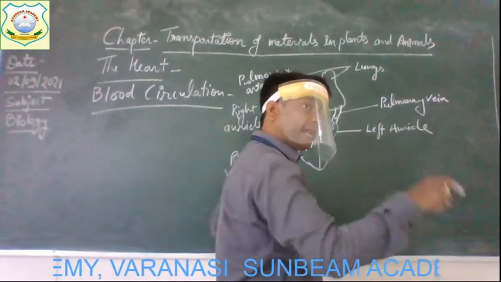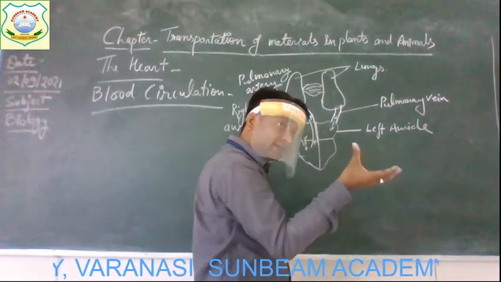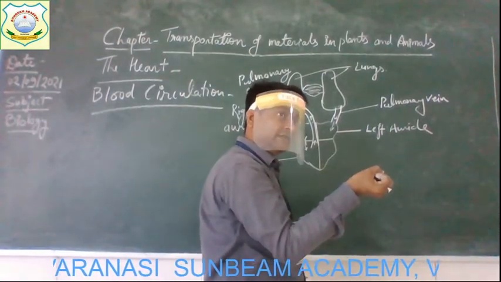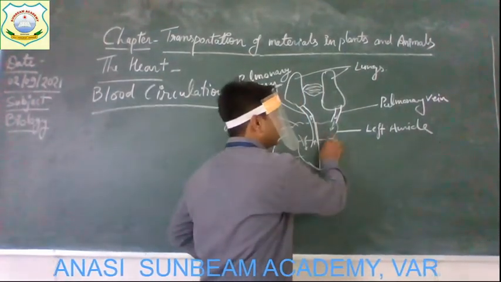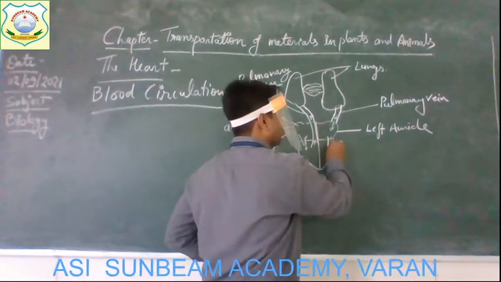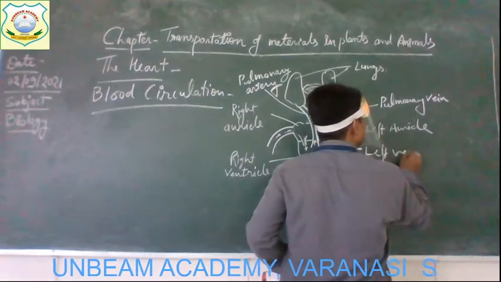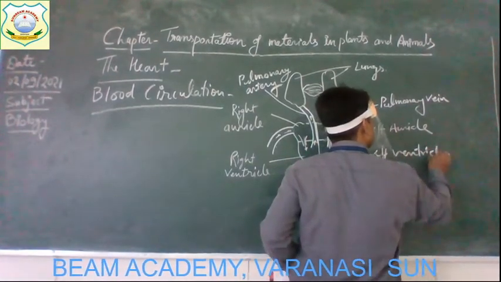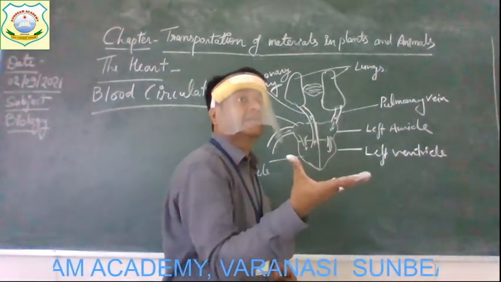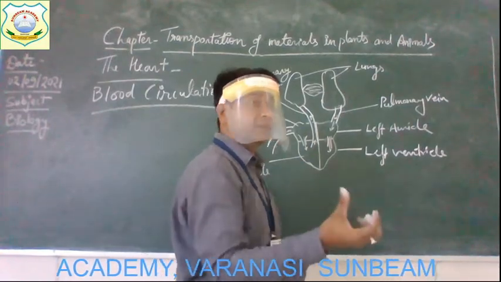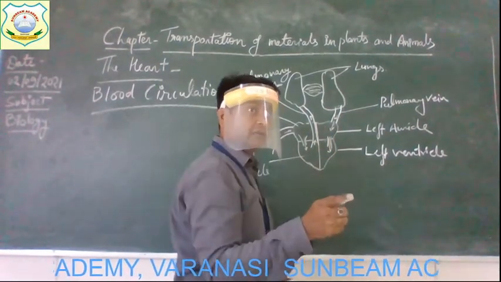Alright. And after that, the left auricle contracts. Get it? So when it contracts, this blood moves where? In left ventricle. And at the same time, the left ventricle expands to receive the blood from left auricle. Clear?